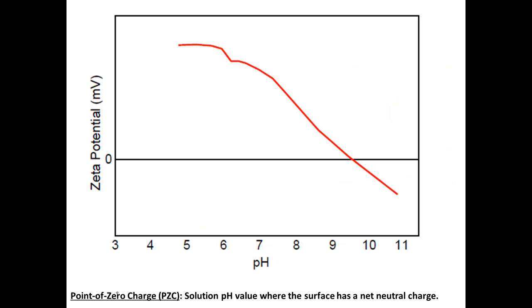So here's an experimental plot showing the zeta potential versus solution pH, showing that we can adjust the zeta potential, which approximates our surface charge, as a function of pH. And this is a fairly typical plot for oxide minerals.